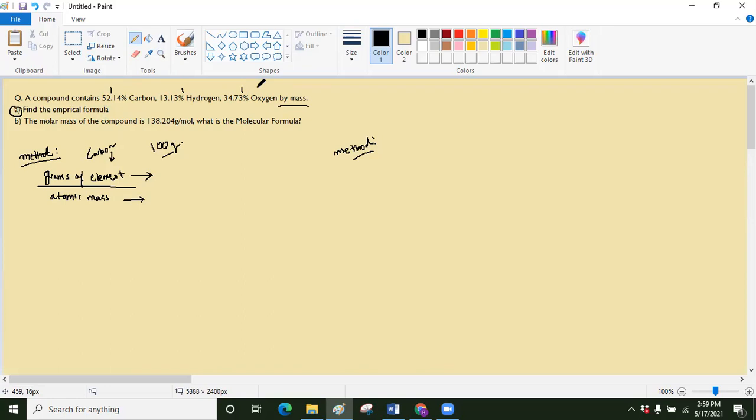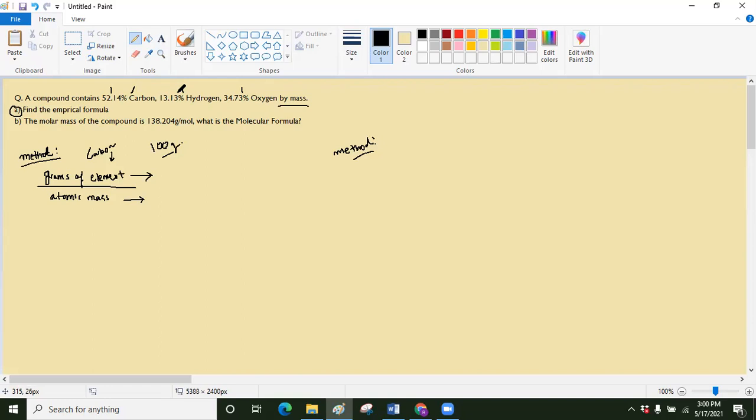For this particular molecule, whatever the molecular formula is, you will always have the same amount of carbon, hydrogen, and oxygen in terms of its percent. That's the law of definite proportions. But if we assume 100 grams here, this becomes convenient because we can say that carbon is 52.14 grams out of 100 grams.